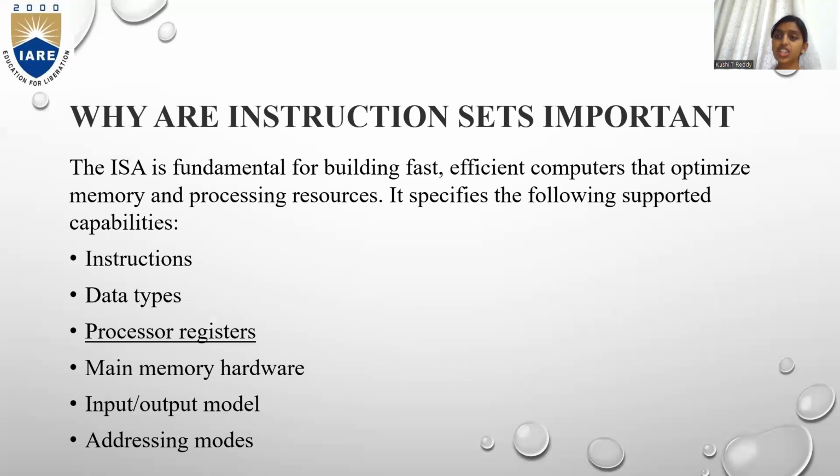So, why are these instruction sets needed? Why are they important? What are the advantages of having these instruction sets? The ISA is fundamental for building fast, efficient computers that optimize memory and processing resources. It specifies the supported capabilities such as instructions, data types, processor registers, main memory hardware, input output model, and addressing modes.